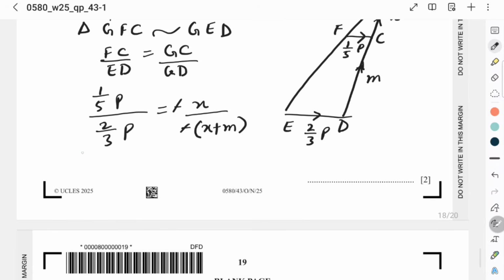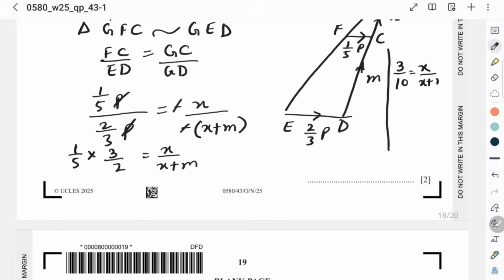So we can cancel p, and now we are going to simplify it. 1/5 multiplied by 3/2 is equal to x upon x plus m, and then you have 3/10 equal to x upon x plus m.